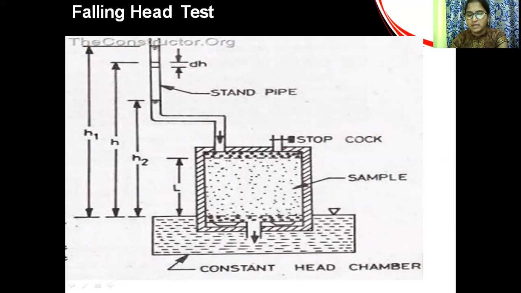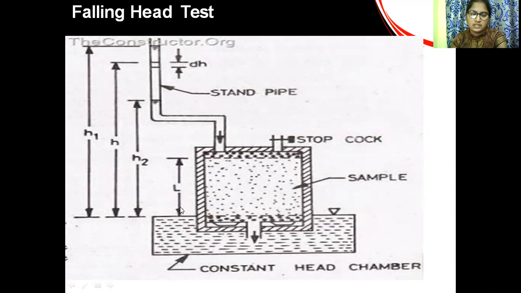How much time is required for the dropping of 10 centimeters height? And here L is equal to the length of the sample.